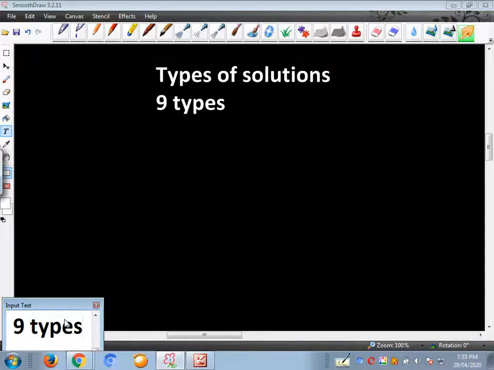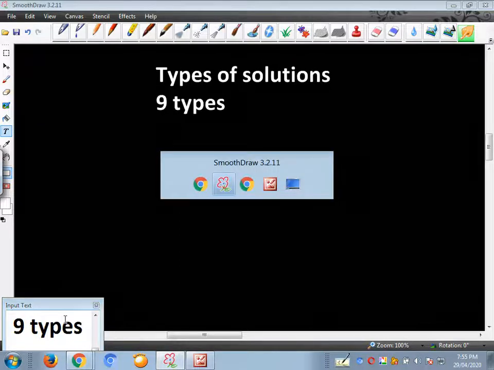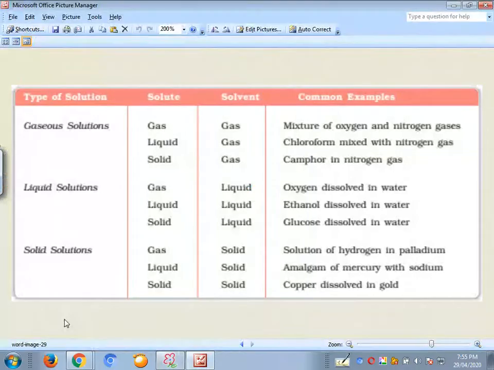We are going to discuss here one by one, right? Before I explain, I'm going to take you directly to the tabular column where we can see the different types of solution. As I told, it may be a gaseous solution, or a liquid solution, or a solid solution.